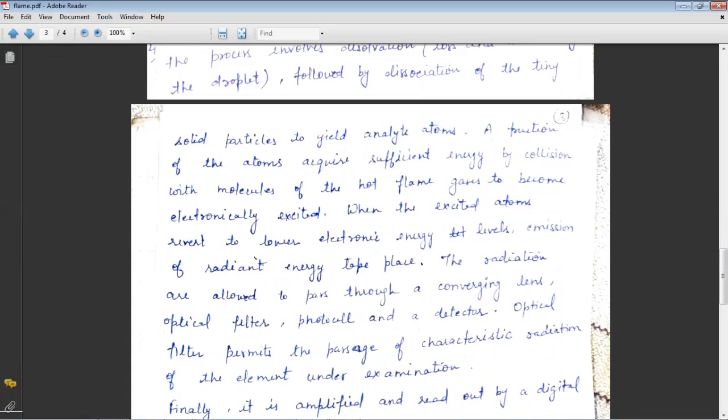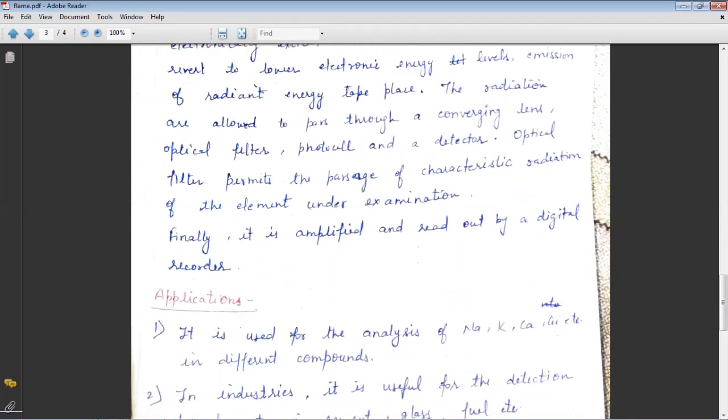The radiation is allowed to pass through a converging lens, optical filter, photocell, and a detector. The optical filter permits the passage of the characteristic radiation of the element under examination. Okay, so this is the process. Finally it is amplified and read out by a digital recorder.